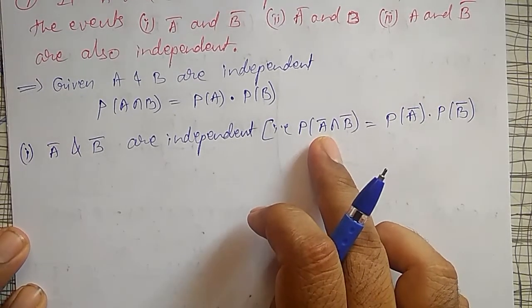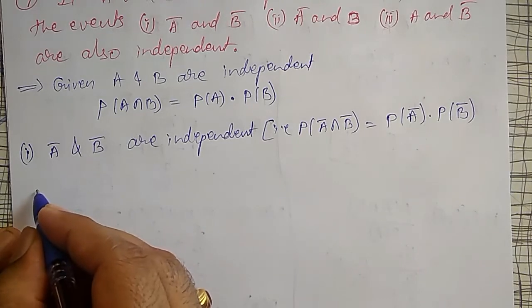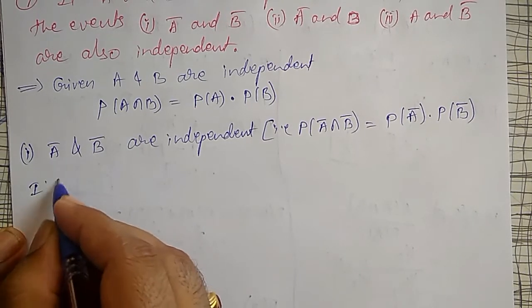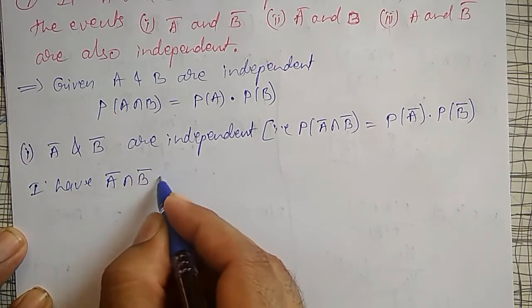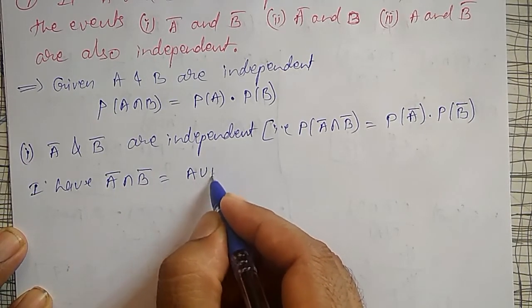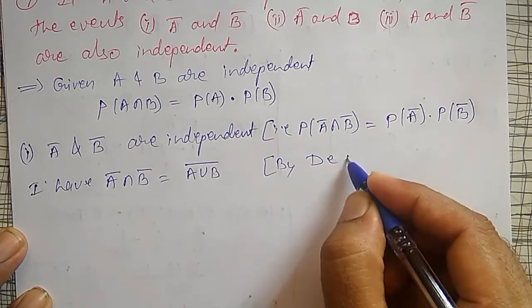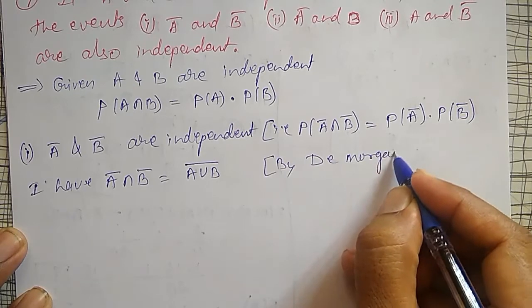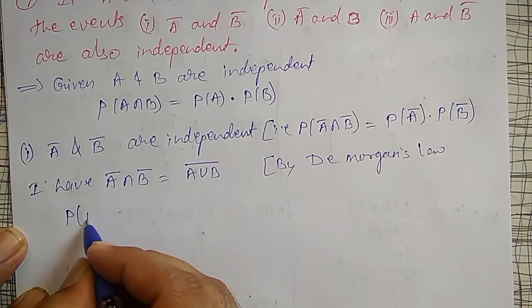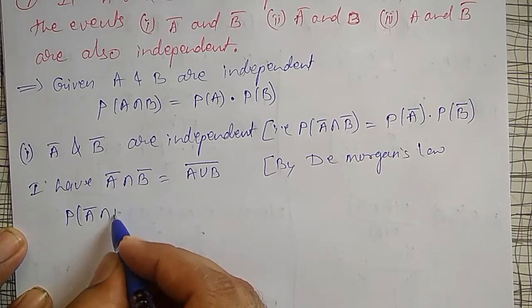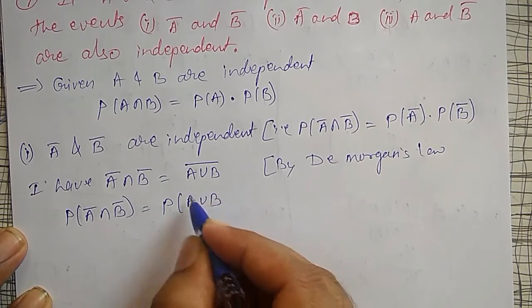I will consider this A bar intersection B bar first. A bar intersection B bar is equal to A union B the whole bar, by De Morgan's law. Correct? Then probability of A bar intersection B bar must be equal to probability of A union B the whole bar.